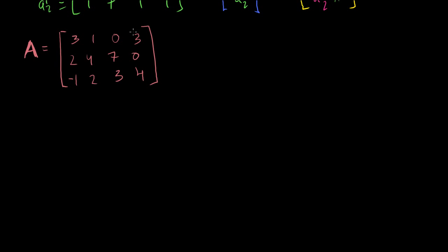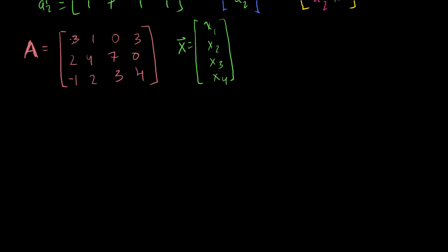And I have to multiply this times a 4-component vector. Let me call vector x, actually let me keep it general, equal to x1, x2, x3, and x4.